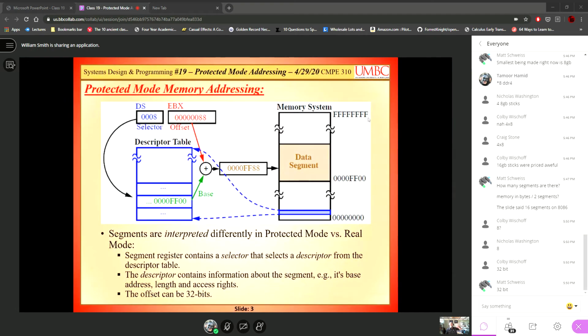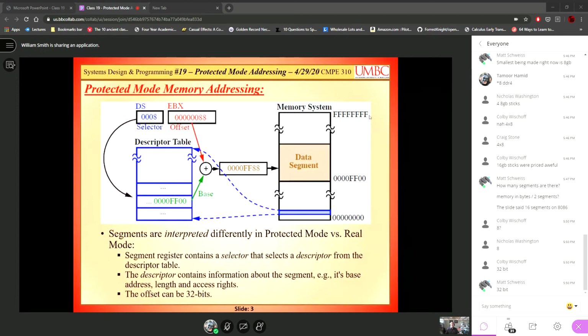The memory space would have given you 2 to the 32, which is 4 gigabytes worth of memory space, which I remember back in the day thinking, how in the world is anybody ever going to use 32 gigabytes of RAM? I mean, how could you possibly fill that up?